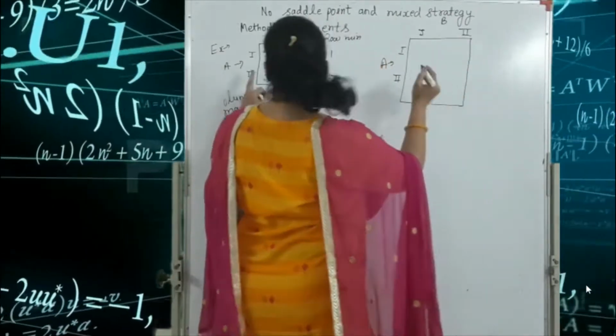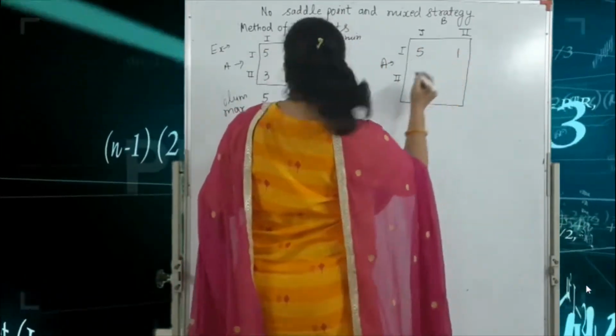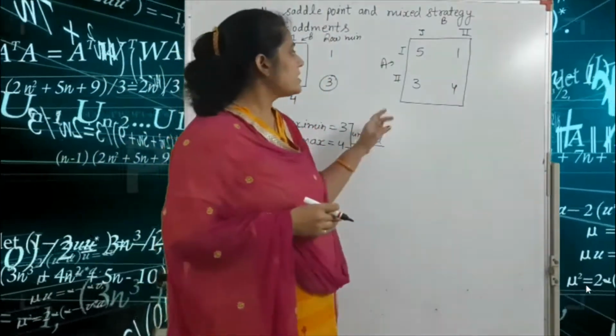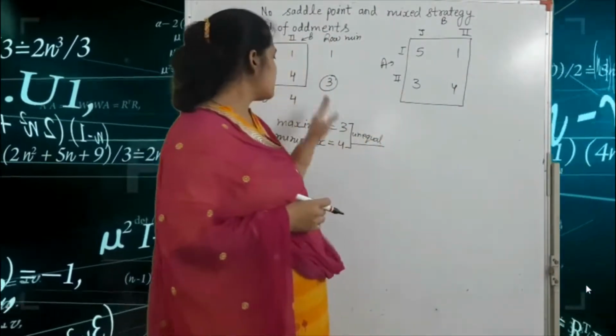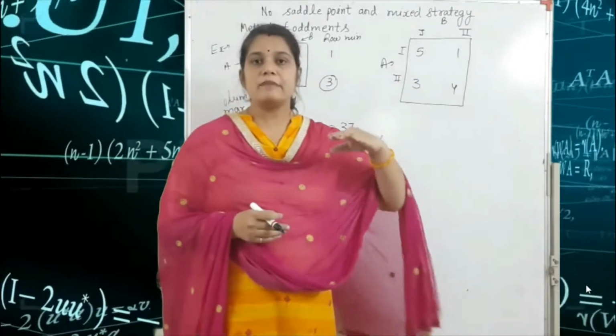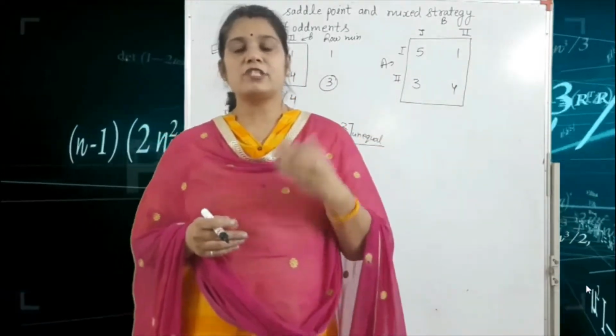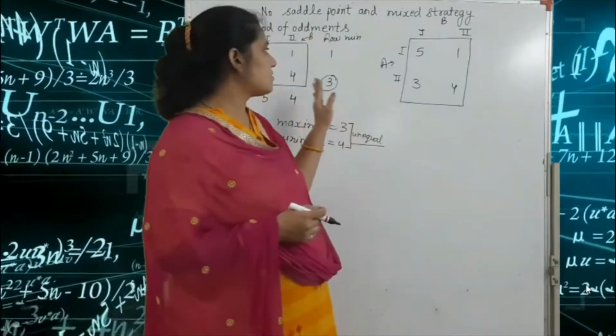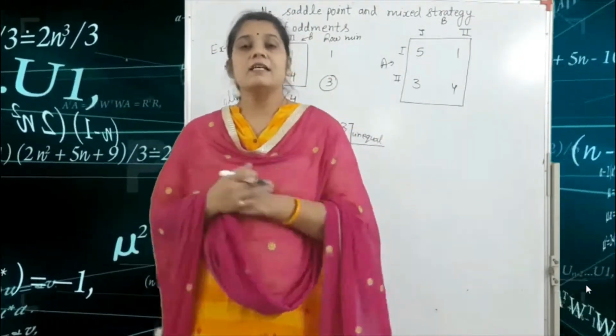We write the values 5, 1 and 3, 4. First we check that this has no saddle point, that means maximin and minimax values are not equal, so this question does not have a saddle point.